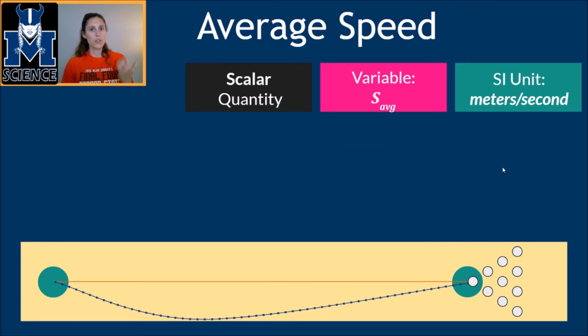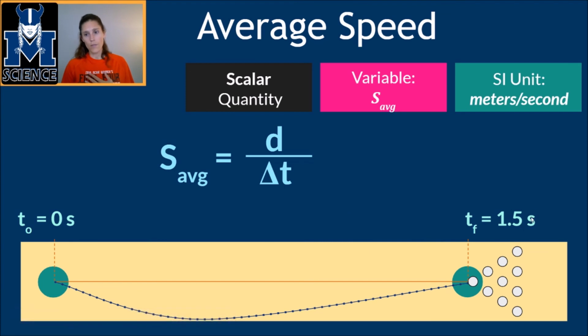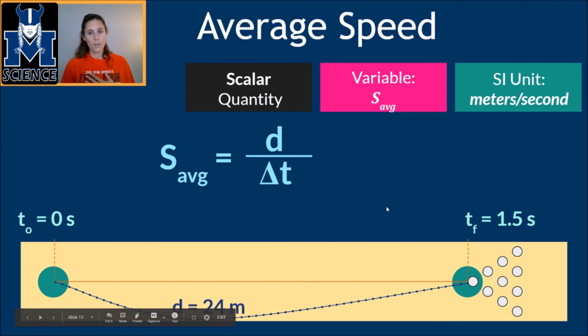If we look at speed, it's not going to be exactly the same thing, because now we're taking the path length, or the distance traveled, and dividing by that time. The time is still the same: 0 seconds and 1.5 seconds. But now what we care about is that total path length.